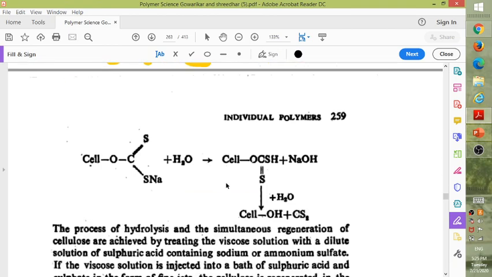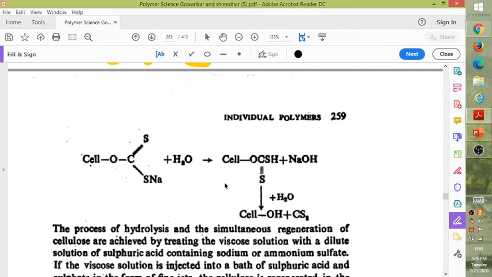Now, where were we? In the actual manufacturing process, the initial step is the production of alkali cellulose. This is effected by treating cellulose obtained from wood pulp with strong alkalis at relatively low temperature. The alkali cellulose thus obtained is further treated with carbon disulfide to produce what is known as cellulose xanthate.